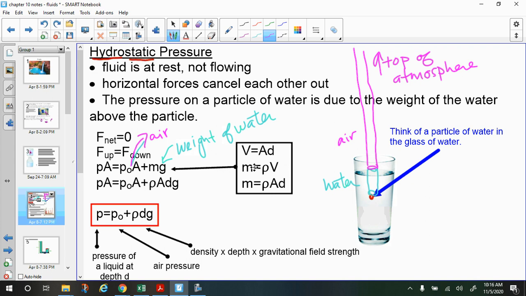We know that mass is equal to density times volume. So if we solve for volume, we get volume is equal to mass over density. And then we're going to plug that in here, and you get mass over density.